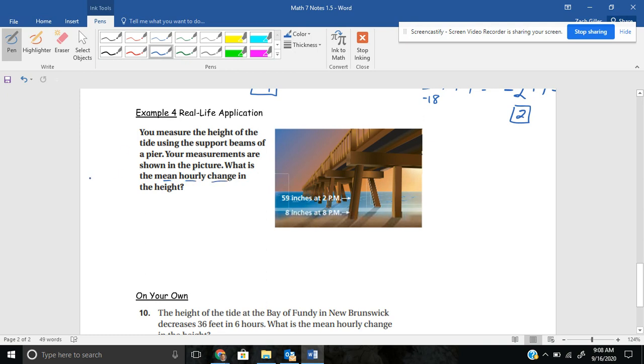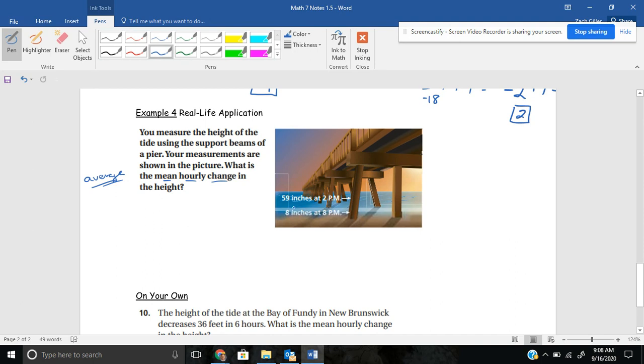So mean is another way of saying average. Okay, what is the average change in time? So to find our average, let's take the difference in our height.